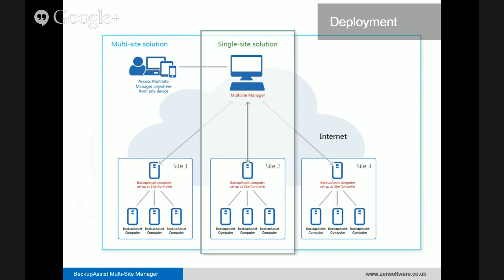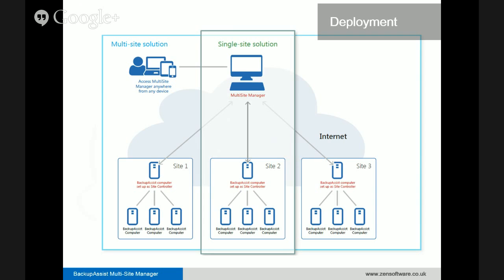You as an administrator can then access the multi-site manager through a web service from anywhere. The idea is that you make that multi-site manager web service available through a single port, typically using HTTPS for security, and then you can take control, because you're accessing the multi-site manager, you can take control of any BackupAssist installation on any site.